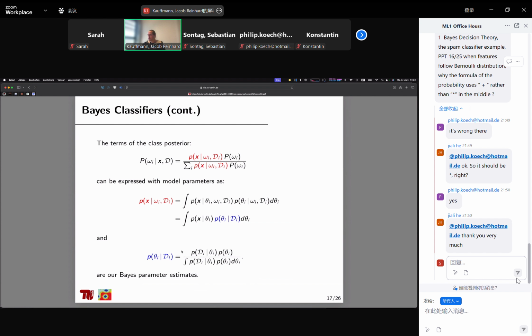If you see the numerator and the denominator, they're basically the same, no? Except that the denominator is integrated over theta, right?